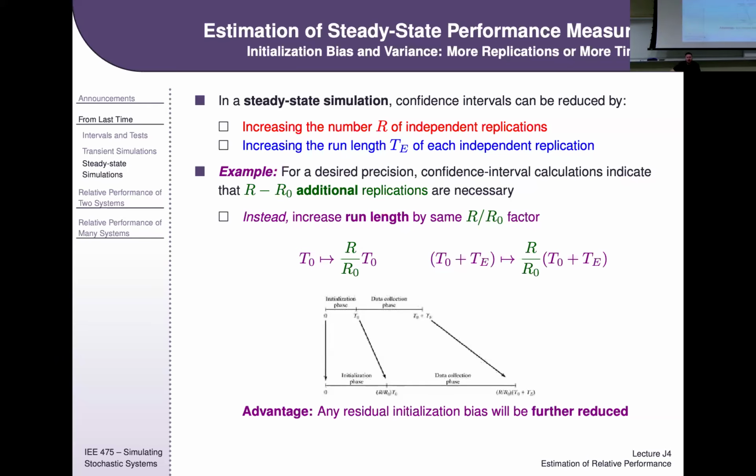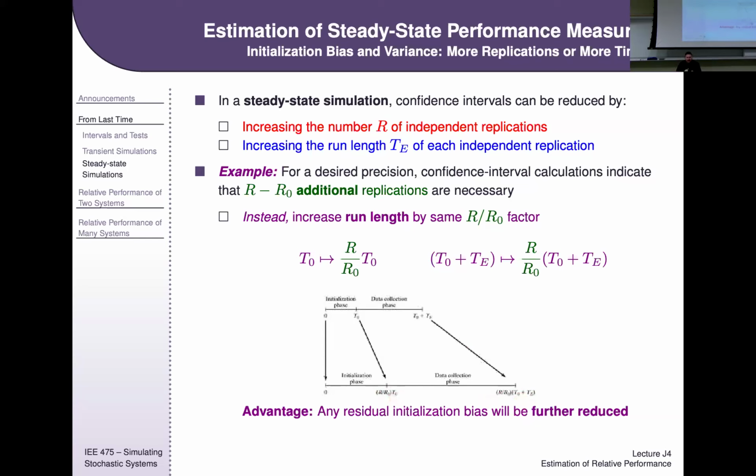So this is the 50 you'd like to run. This is the 25 you've already run. So let's then double the initialization phase, and basically do the same thing with the end time. And so we're doubling the total simulation time and we're doubling the initialization phase.